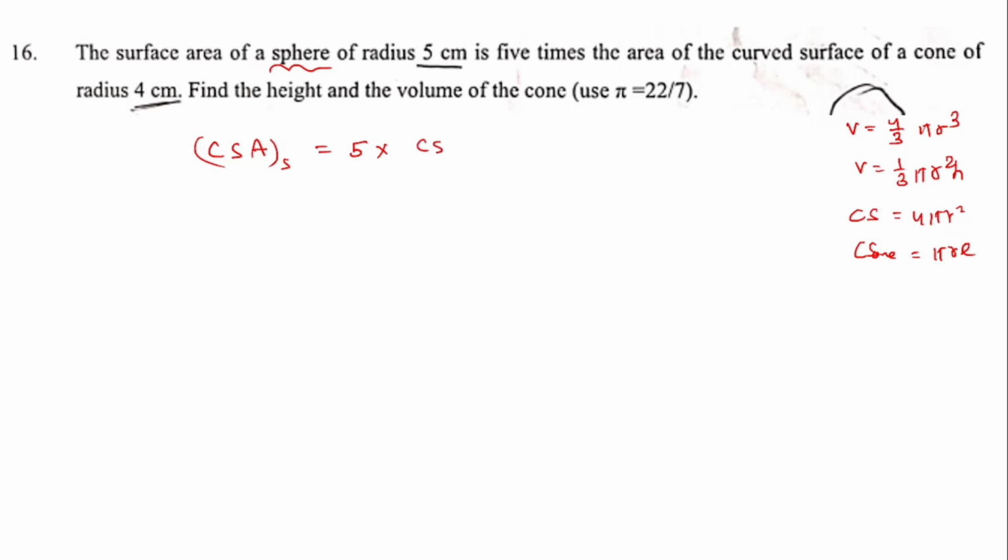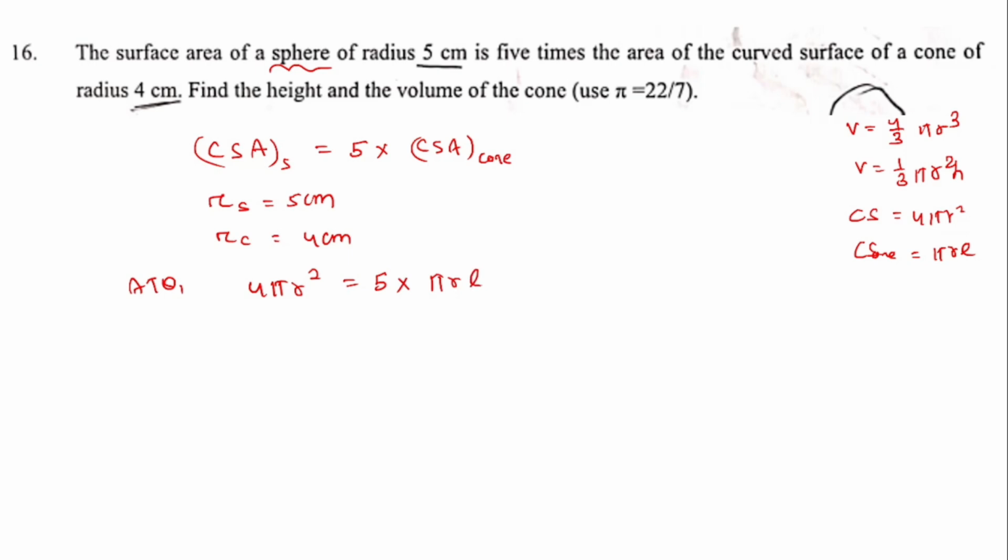Also given that the radius of the sphere, r sphere, equals 5 centimeter, and the cone, that is r c, equals 4 centimeter. Now we know the curved surface area of the sphere is 4 pi r square. Then you can write 4 pi r square equals 5 into pi r l.